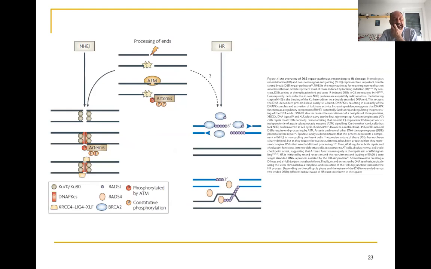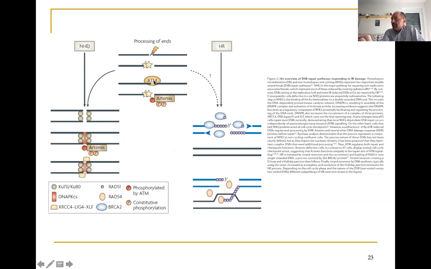You see, this is a little bit more detail, still not the full story, and it especially shows you that there are two mechanisms that can be activated. One mechanism is the so-called non-homologous end-joining. In non-homologous end-joining, you induce a DNA double-strand break.